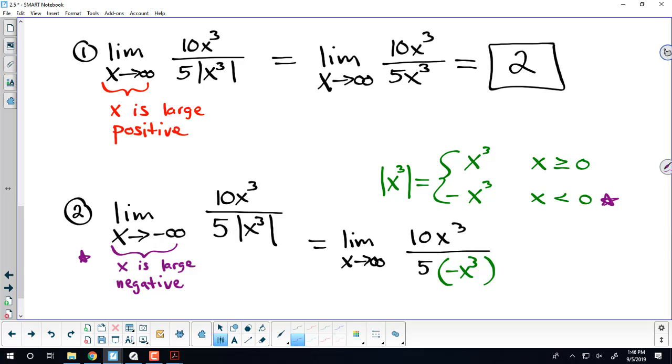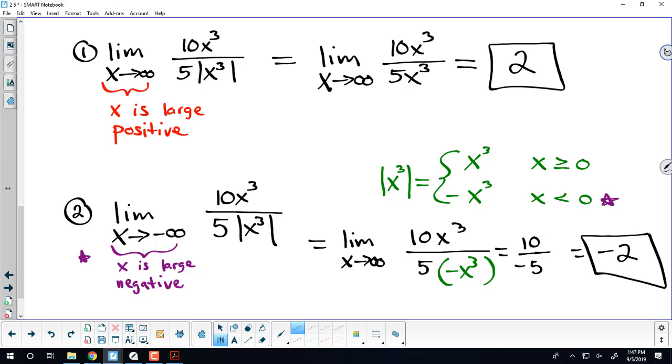Again, the x cubes divide out, and we have 10 over negative 5, which is negative 2. If you don't apply that reasoning to these types of functions, you're only going to come out with one horizontal asymptote, when in fact it has 2 different horizontal asymptotes.